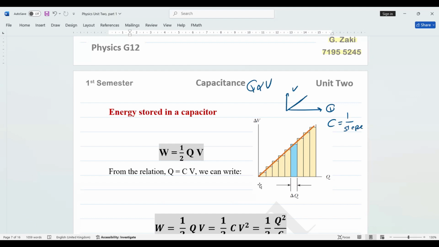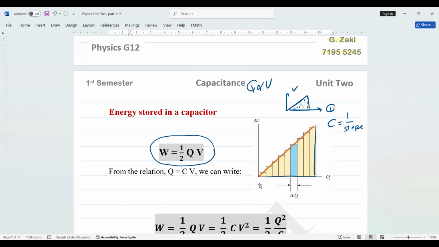This is the capacitance. But what is the area under the graph? The area under the graph is the energy stored in the capacitor. Because it is a triangle, it's a half base times height. The base is Q and the height is V, then it's a half Q times V.